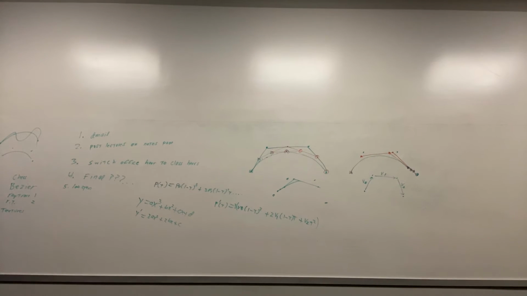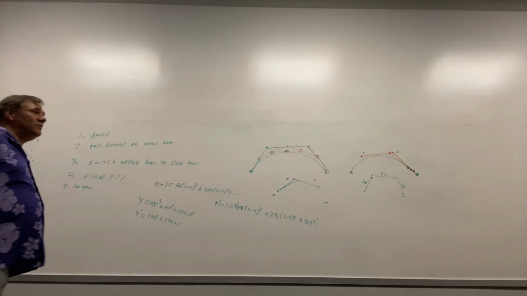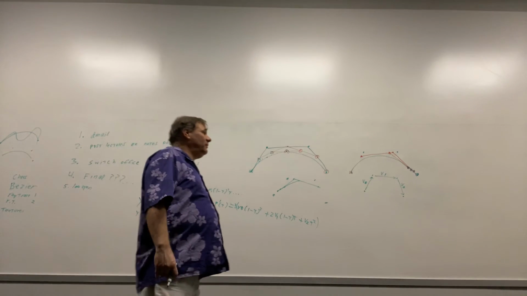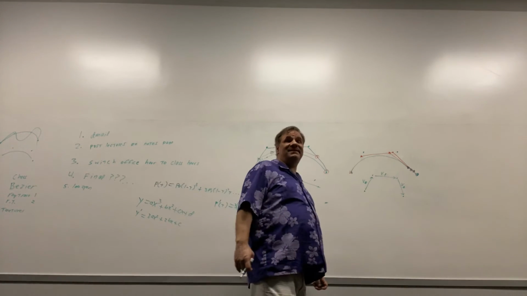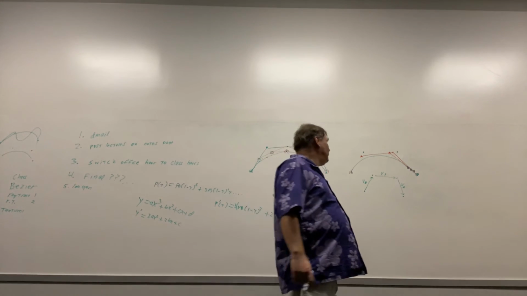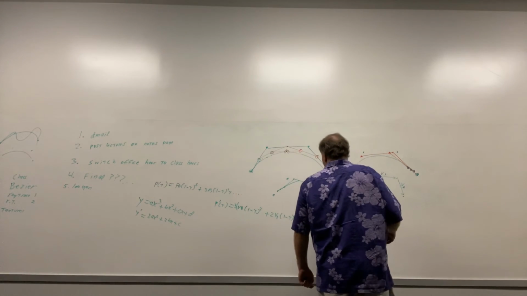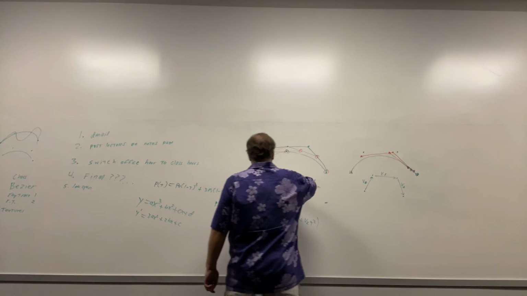Okay, B-splines. So I mentioned before that with Bezier and de Casteljau, these original guys, the curves didn't provide for C2 continuity. That is, continuousness in the second derivative. You could get continuousness in the first derivative.